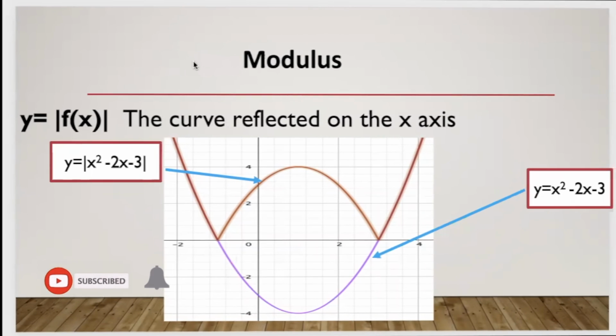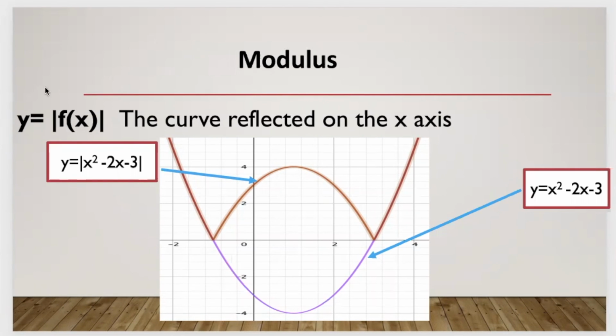Next, we have the modulus. The modulus here is where we change things to become positive. So once we have the curve, in this case the curve reflected on the x-axis, but we could have had a line, modulus means we no longer have negative values. All of this represents the y values being negative.